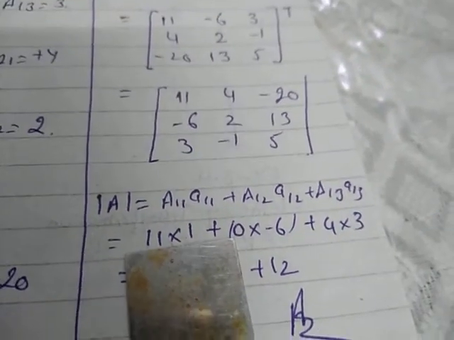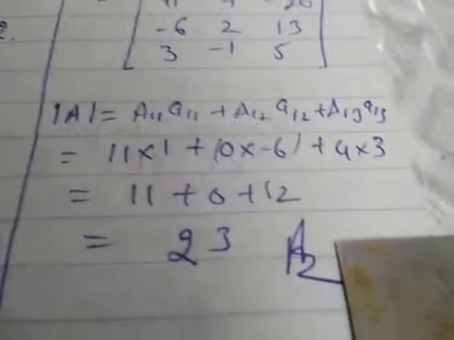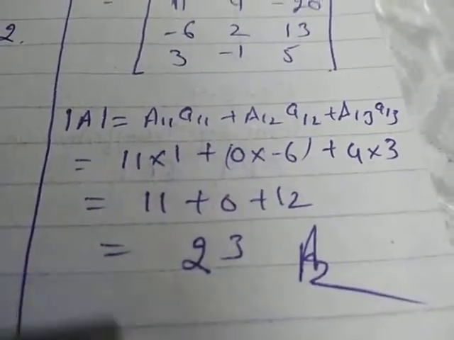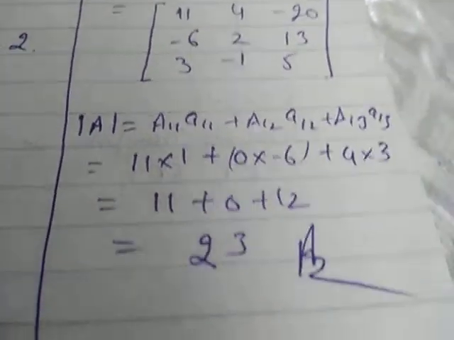Into A12 is 0, 0 into minus 6. A13 into its cofactor. The element is 4 and its cofactor is 3. 4 threes are 12. So the determinant value is 23.